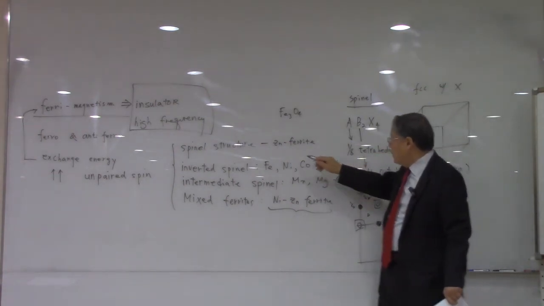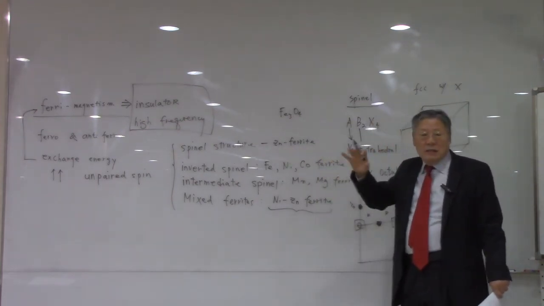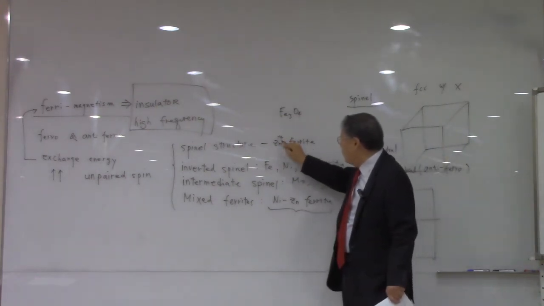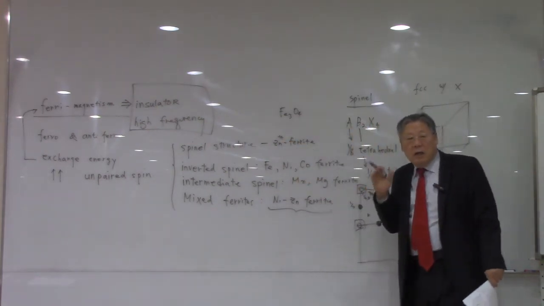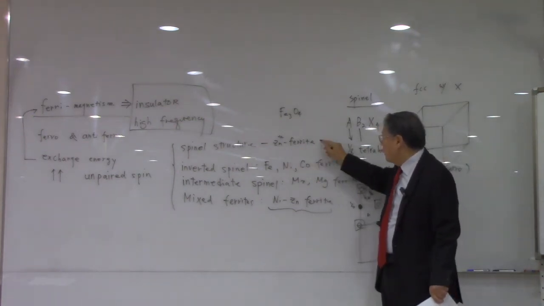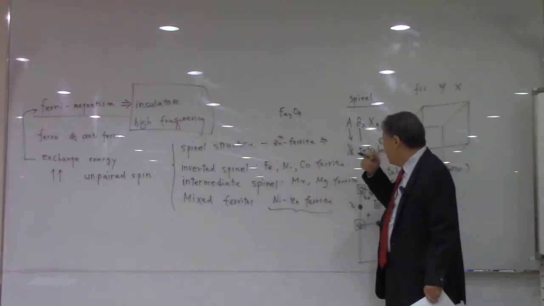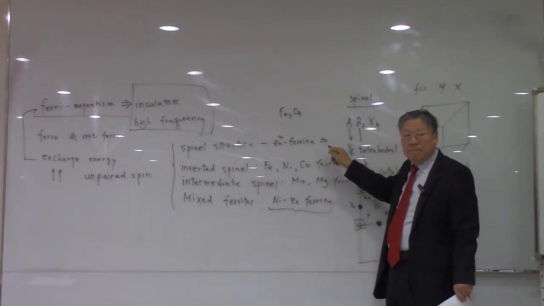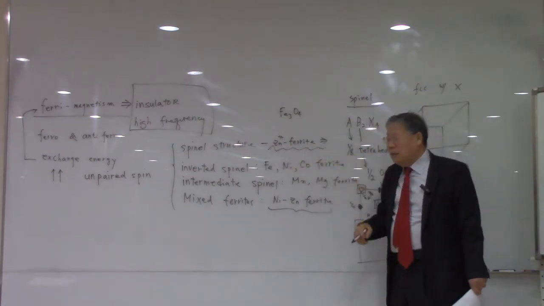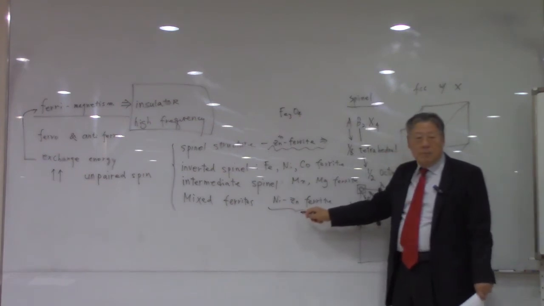Okay, so for example, zinc ferrite. Zinc does not have any magnetic properties. Zinc plus 2 does not have any unpaired spin. So as a total, zinc ferrite does not show any magnetic moment.